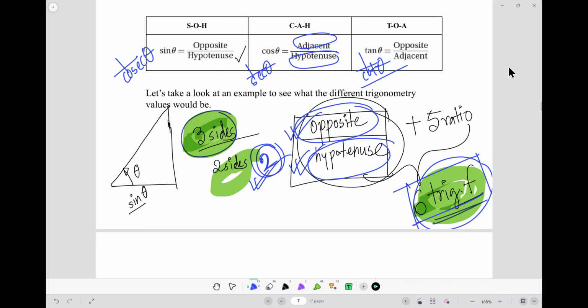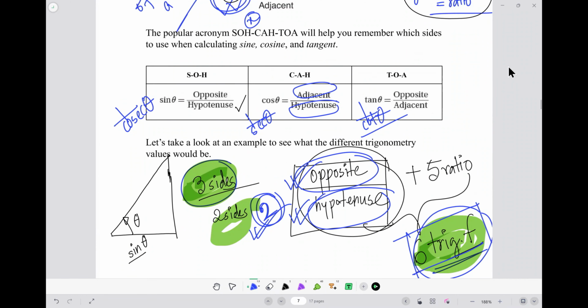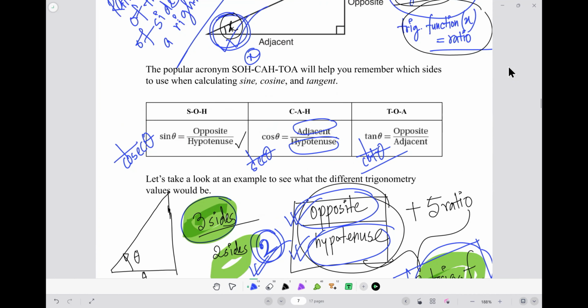We have many different types of trigonometric functions, but for the simplification of this lecture, because if I go a little deeper the material will go beyond the scope of our SAT syllabus, I'm just telling you these are the natural trigonometric functions.